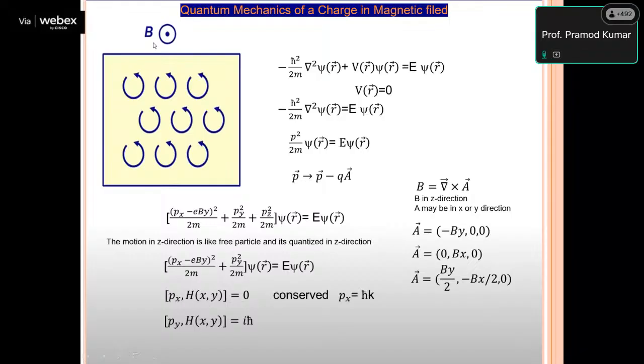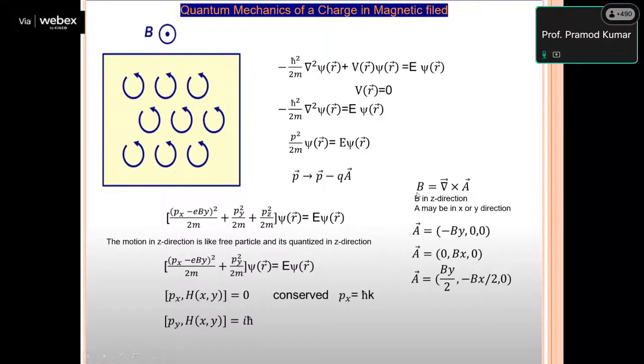Just remember that if we apply a magnetic field, then the momentum changes from p to p minus qA. We are applying a uniform magnetic field perpendicular to this plane, along the z-axis.